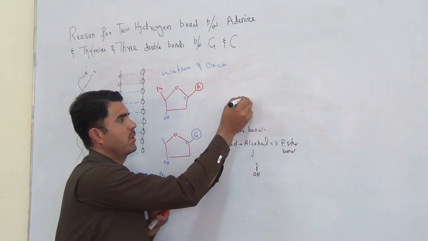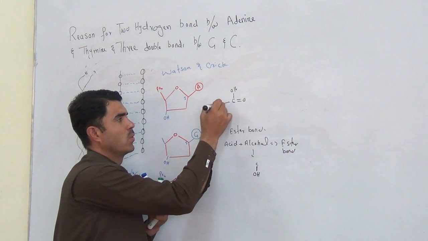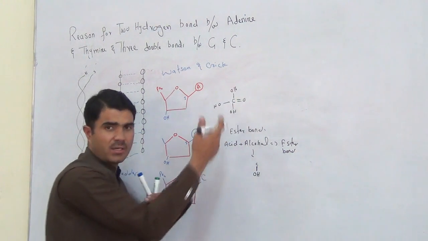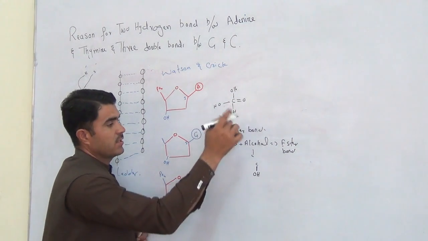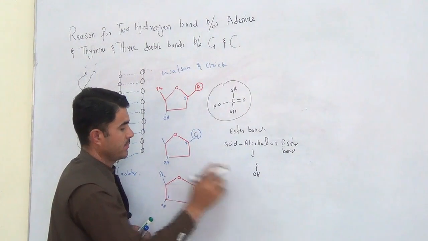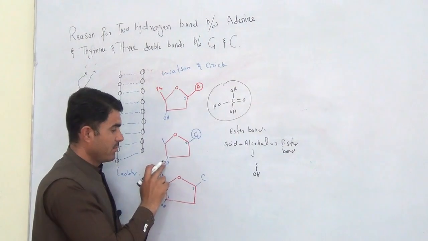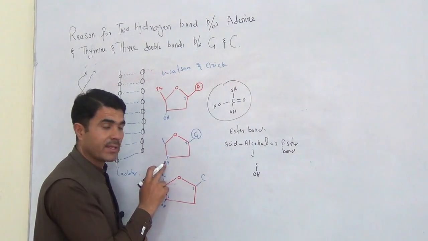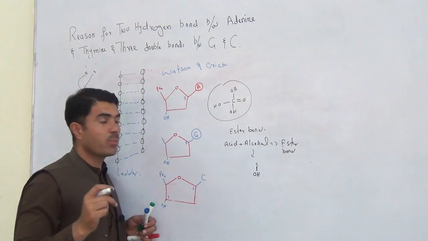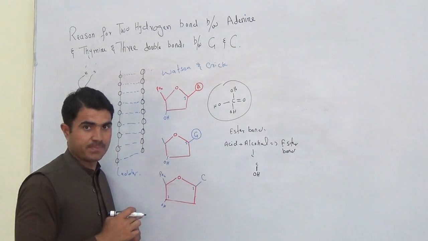This is C double bond O, OH and OH and again OH, right? You got this, right? So this is phosphoric acid, and here we have alcoholic OH, right? This is sugar, but the OH is considered as alcoholic. Now a bond will be formed between the phosphate and the OH, right?